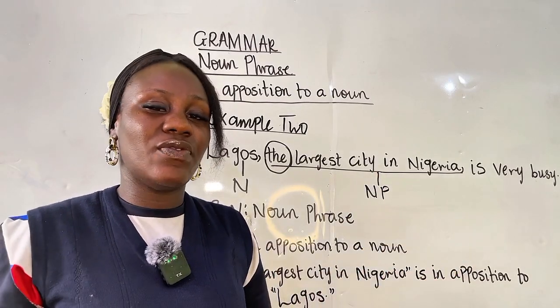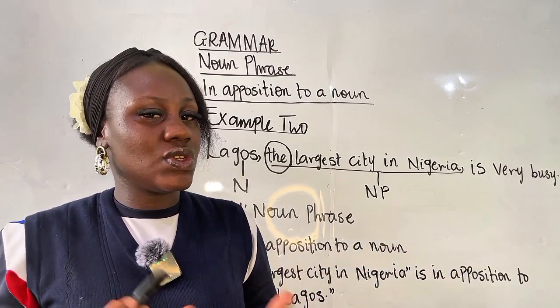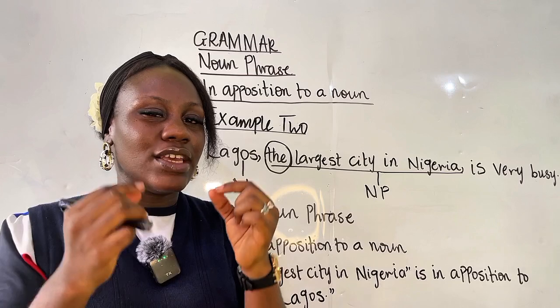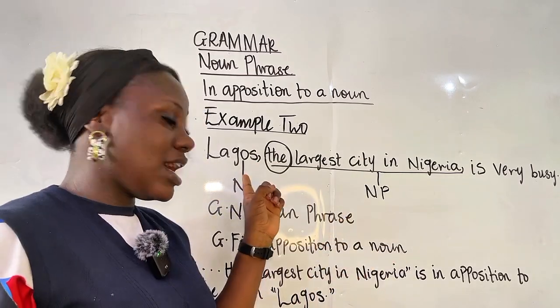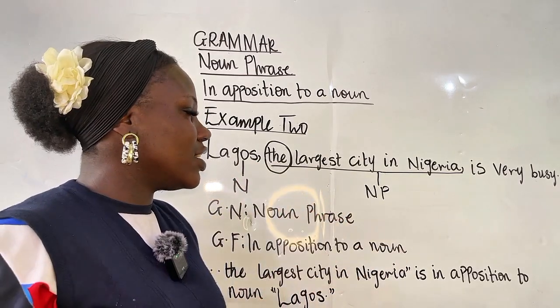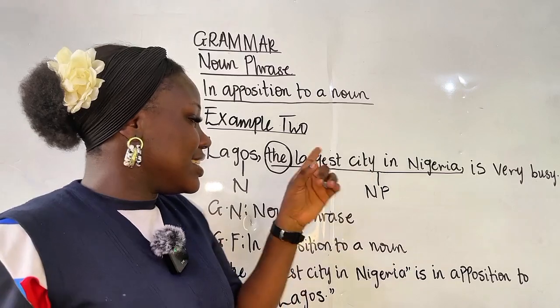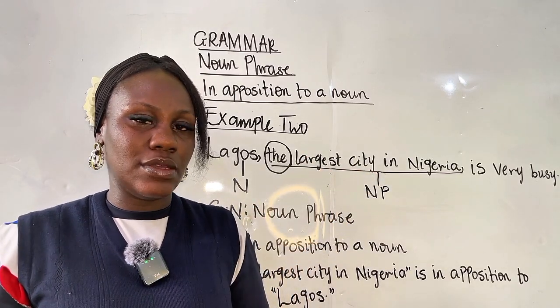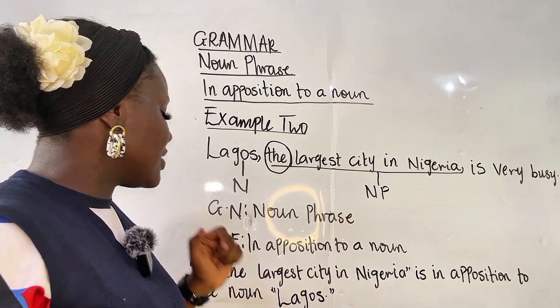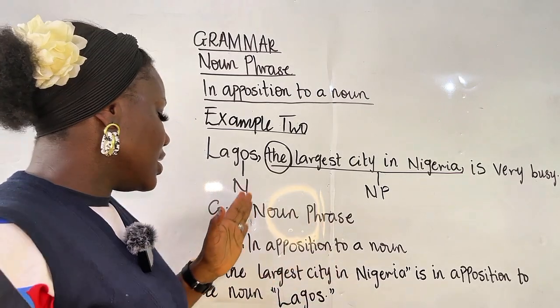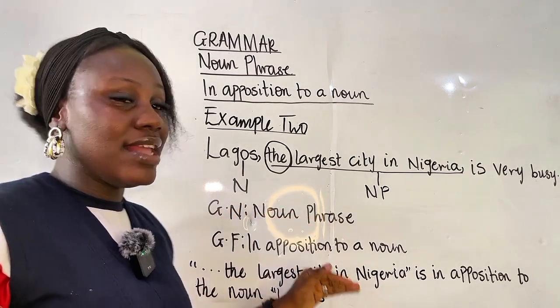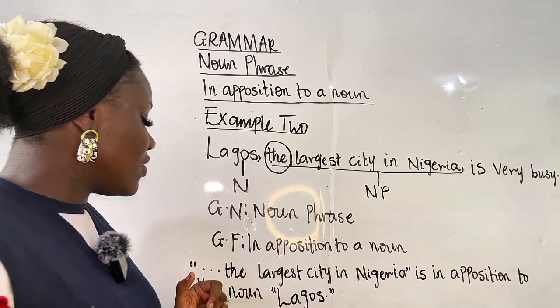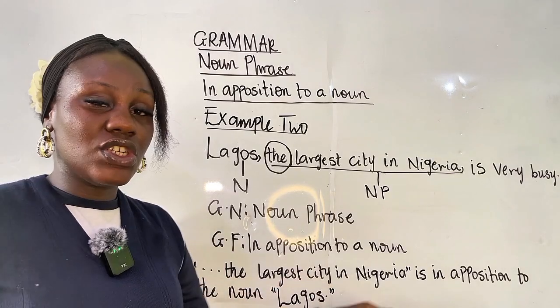So, according to the definition of in apposition to a noun, it gives extra information about the noun Lagos. It is telling us that Lagos is the largest city in Nigeria and it is very busy. So let's look at our grammatical name. The grammatical name is noun phrase, and the grammatical function is in apposition to a noun.